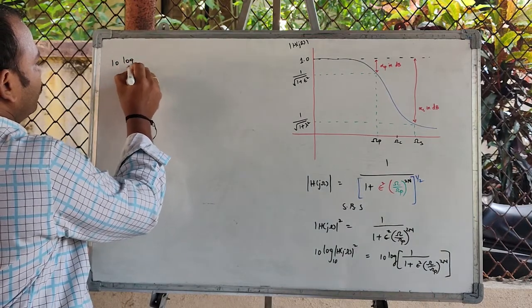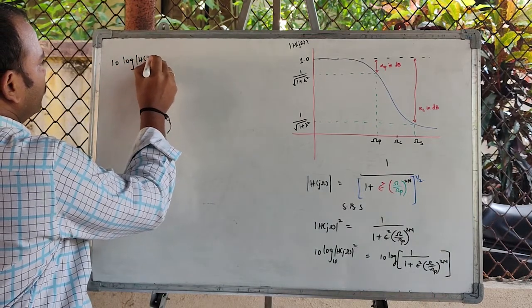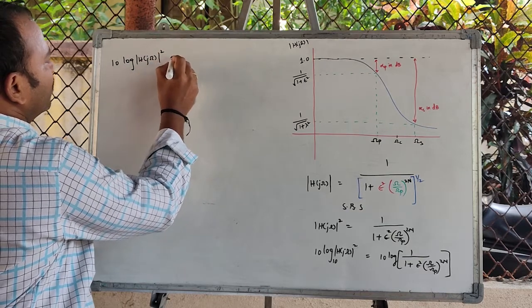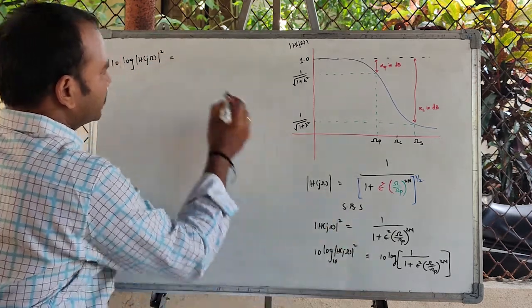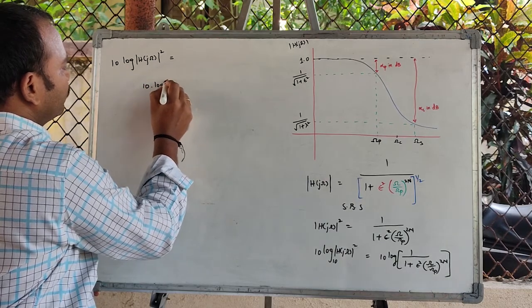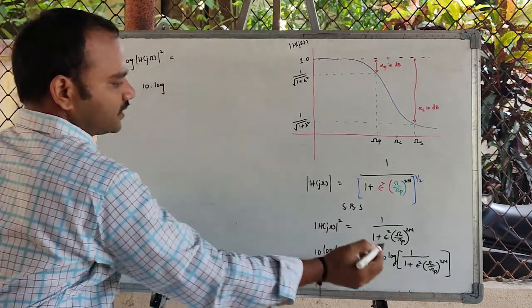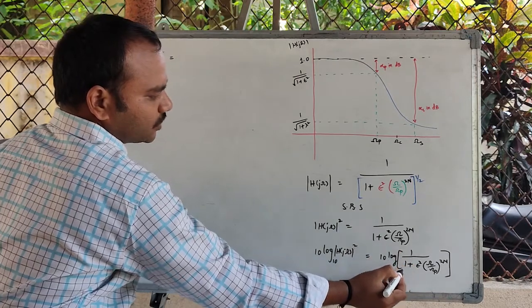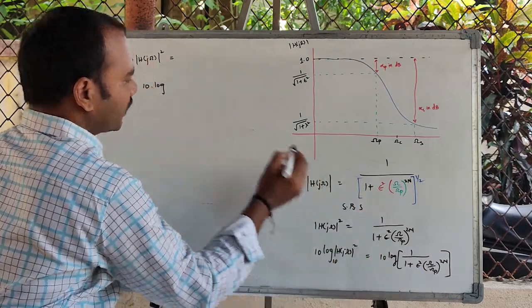This is like log of m by n, so it will be log m minus log n.